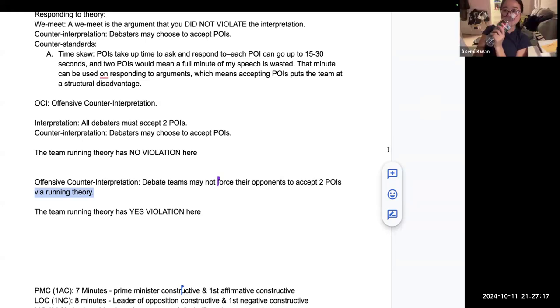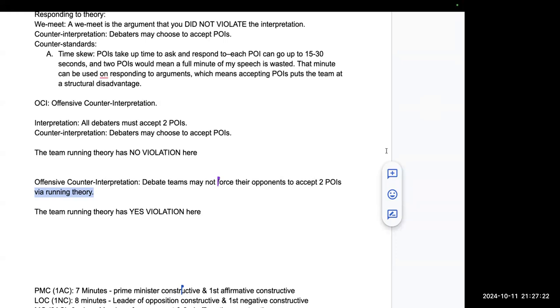Wait, my Wi-Fi is pretty bad right now. Explain it. Come on. Okay, Aaron, explain it. It's an offensive counter interpretation, and the offensive part is that by winning this theory shell with this counter interpretation, you're essentially running your own theory, since by winning it, they violated a norm, and so they get dropped immediately.